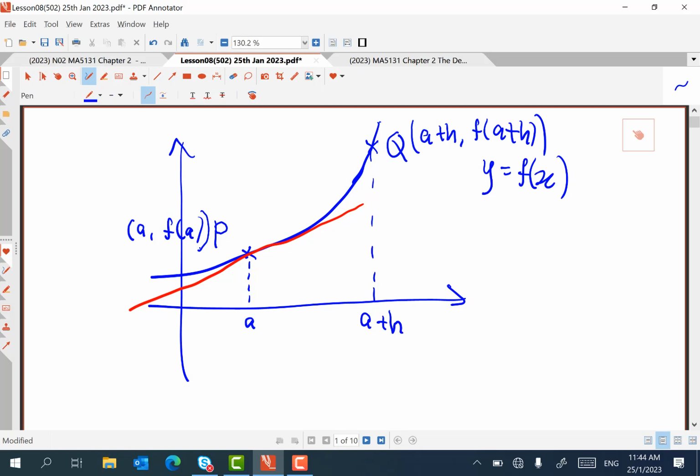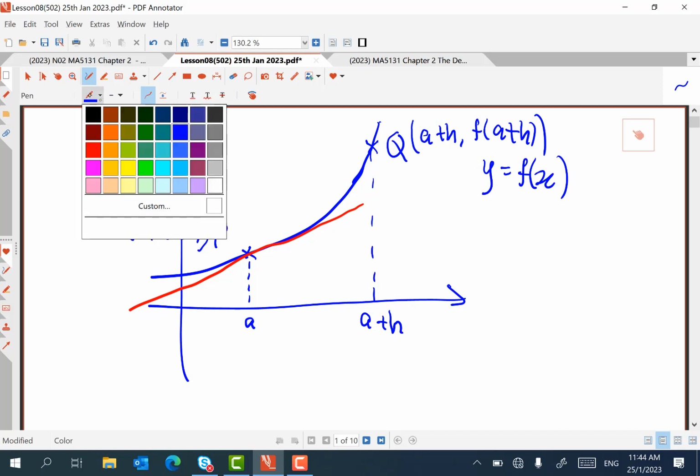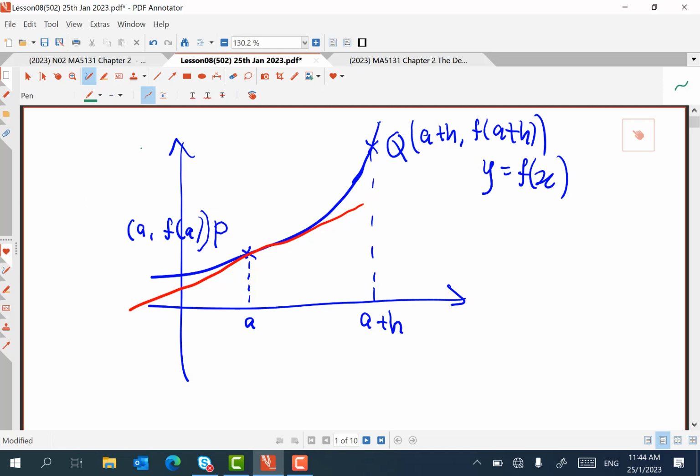Right. So now, in order to find the gradient of the red line, we first and foremost draw the green line. Do you see the green line on the diagram? You know why? Because I have not drawn it. Right. So if I ask you, what is the gradient of the green line?